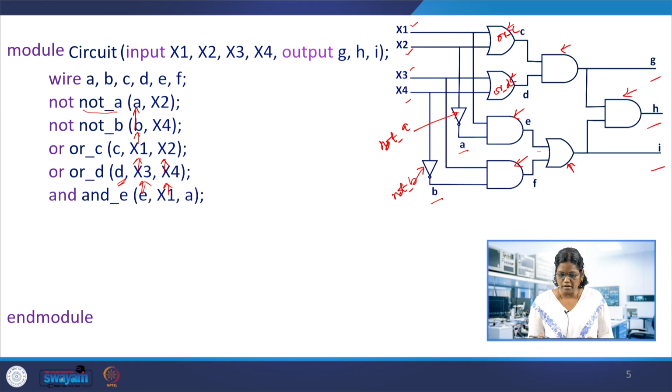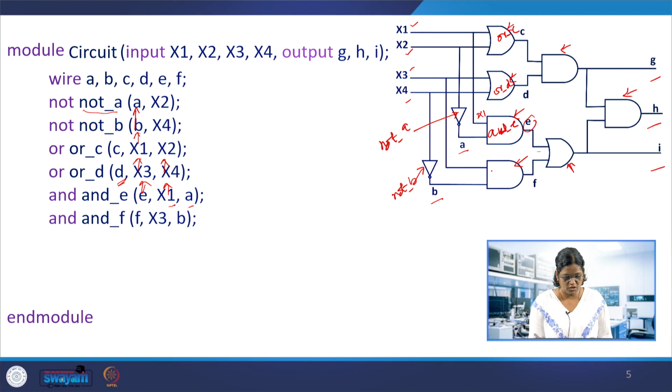The next AND gate, which we named and_E, has the output E and the inputs x1 and A. So x1 and A, now declared. What A is is now known, since it is declared as wire. Otherwise you would not know what the input signal going into the second input of this AND gate is.